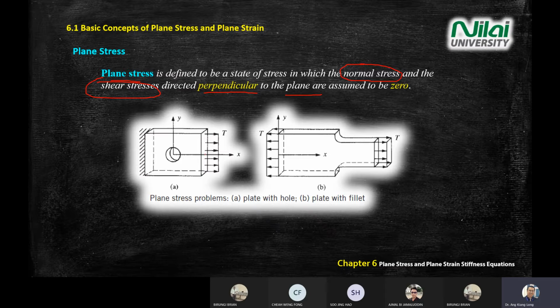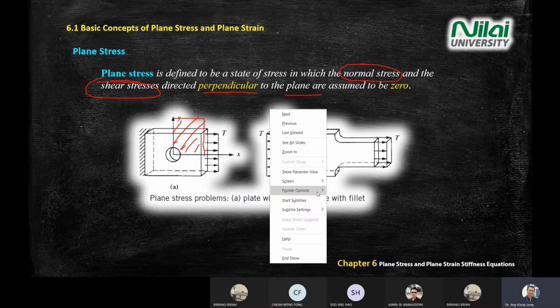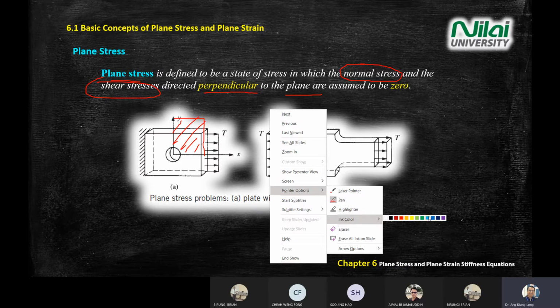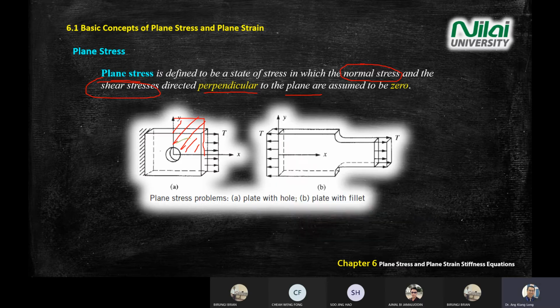It means, let's say this is your plane, this is your XY plane. Any stresses that are perpendicular, 90 degrees to this plane, are considered 0.